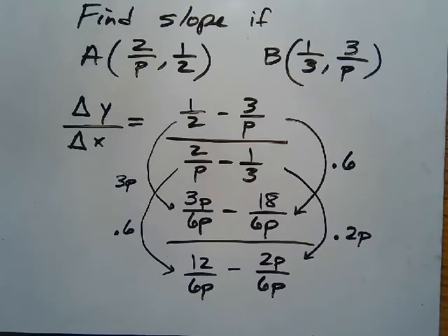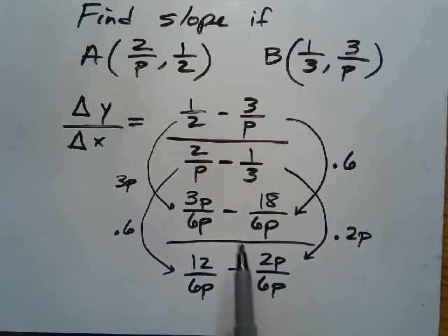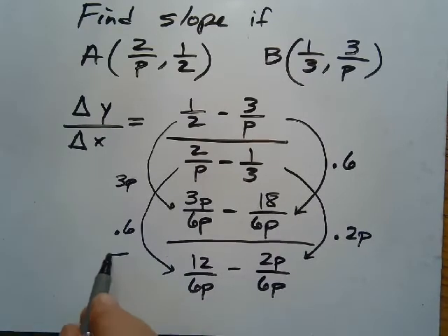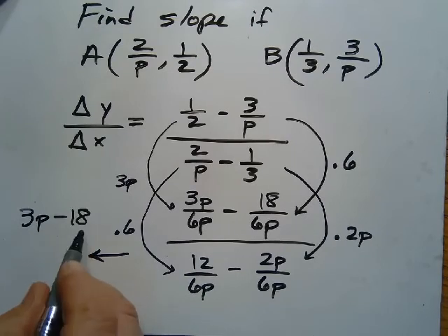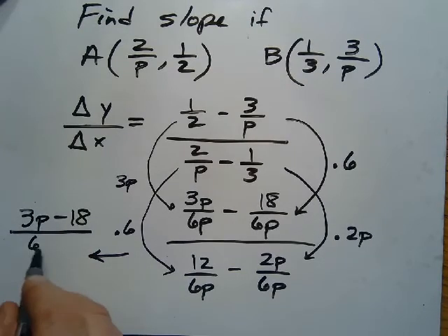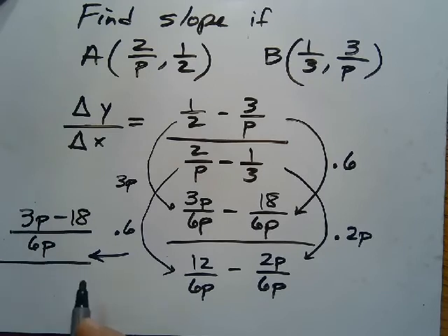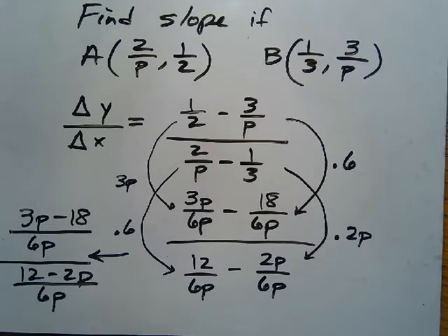So if we use the same principle as in the last problem that we did before, if the denominators are the same, I end up with 3p minus 18 over 6p and 12 minus 2p over 6p.